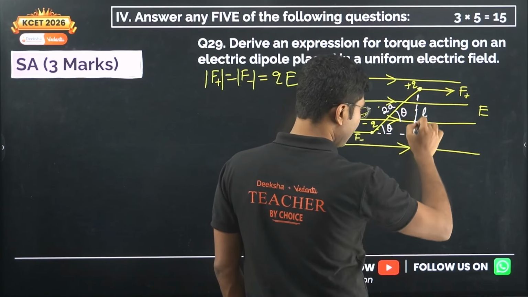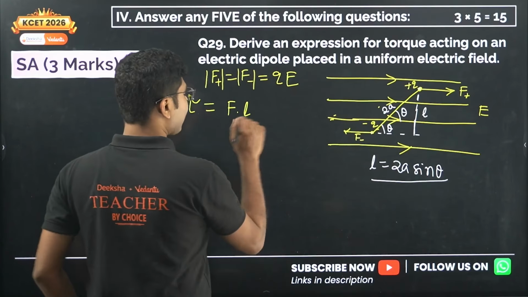This background work we have completed. Now what is the definition of torque? The definition of torque is the magnitude of one force times the distance between the forces. When two equal and opposite forces act on different points, if you take the magnitude of any one force and multiply it by the distance between them, you get the magnitude of the torque. We are calculating the magnitude.